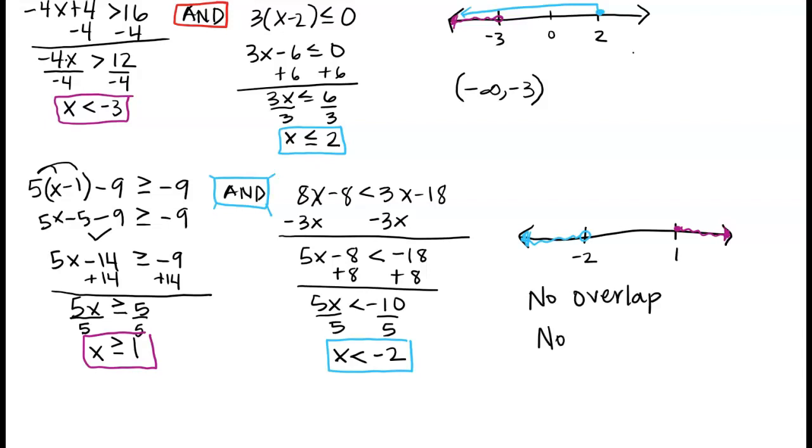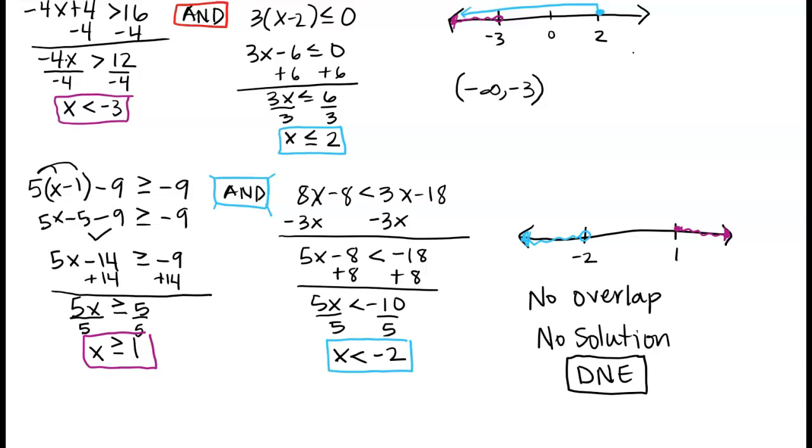Sometimes we'll write that as does not exist or DNE. So that would be what we have here. There is no place where these two inequalities are going to have the same answers, where they have the same solutions, where they overlap each other.